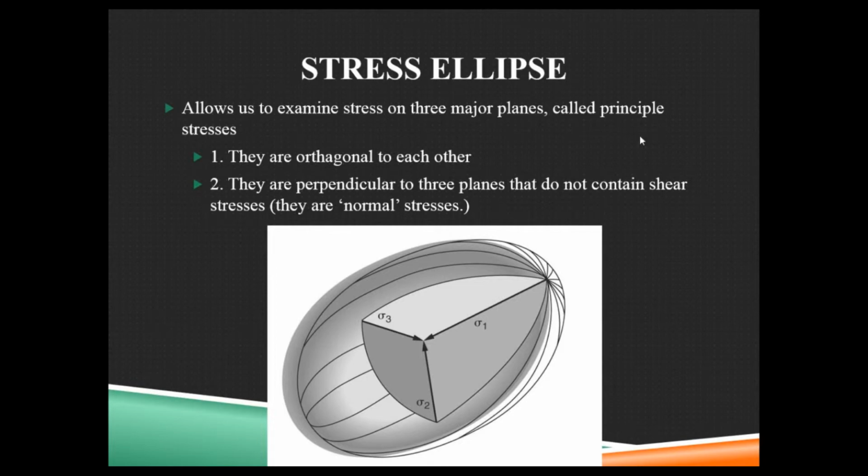These sigma 1, 2, and 3 are always orthogonal, meaning perpendicular, meaning normal, so they're all 90 degrees from each other. And they're all normal stresses. So they're perpendicular to the planes that contain zero shear stress.